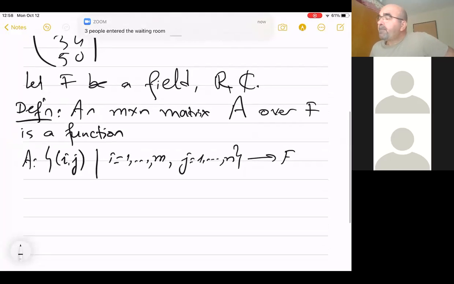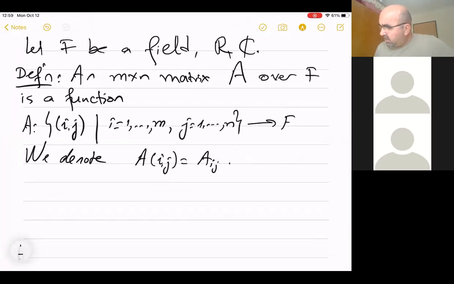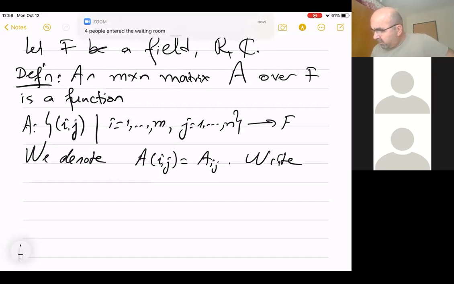And so we denote this function as aij, or sometimes little aij, and we write the function this way. Formally, as we said, it's a function.